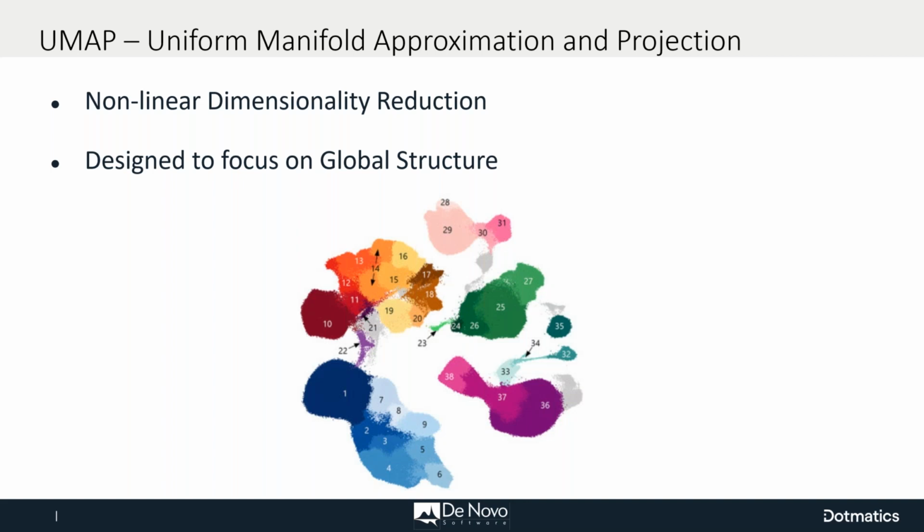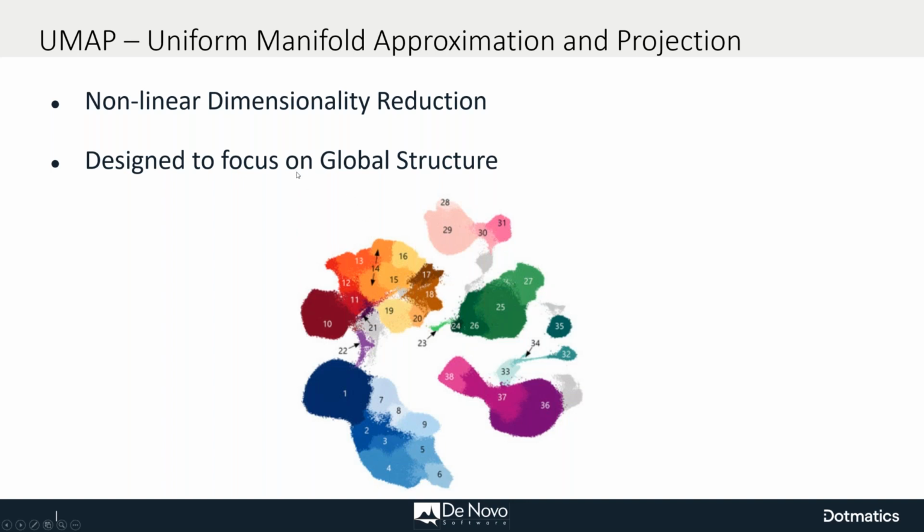Basically, if you want to check it out, it's a very thorough approach to developing a 40 color spectral panel. I helped contribute to the analysis, so this data set is kind of near and dear to my heart. But this is healthy human PBMCs, and all of these islands are different cell subsets in that PBMC space.